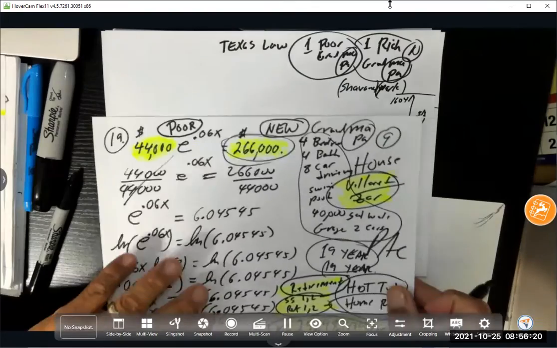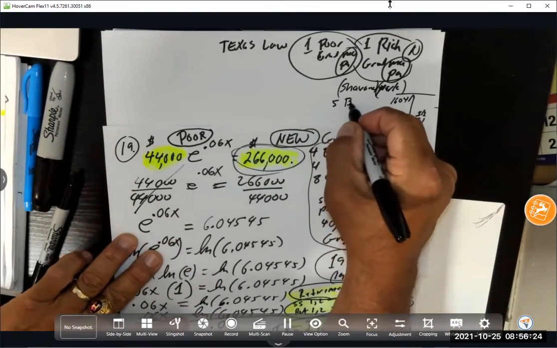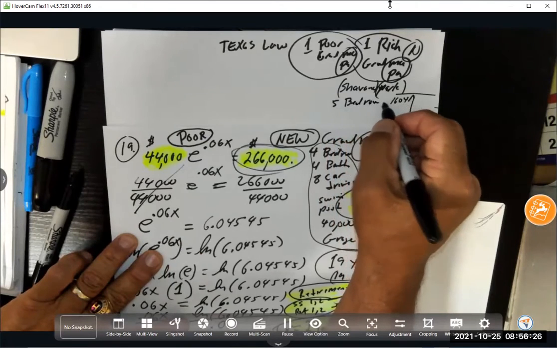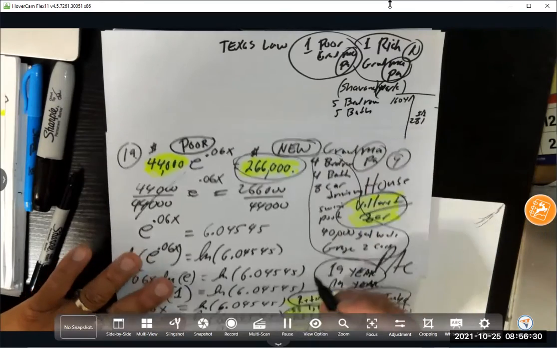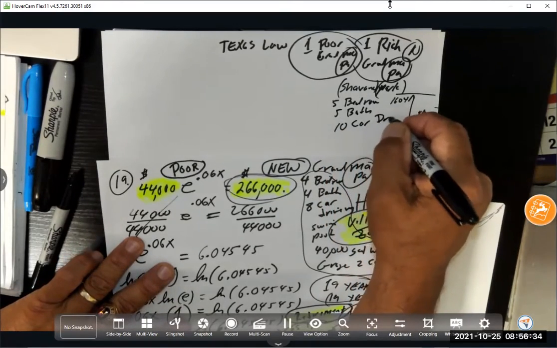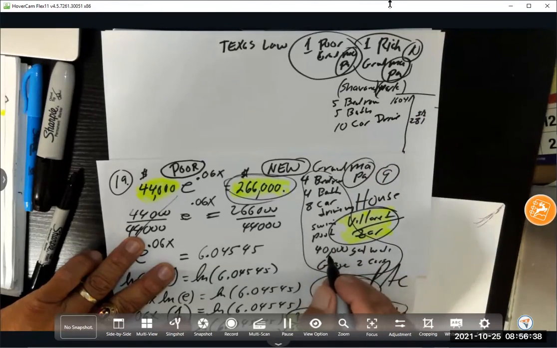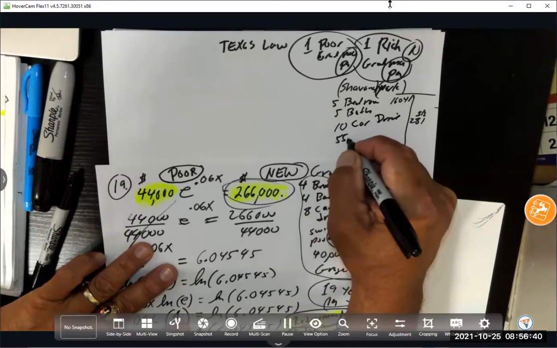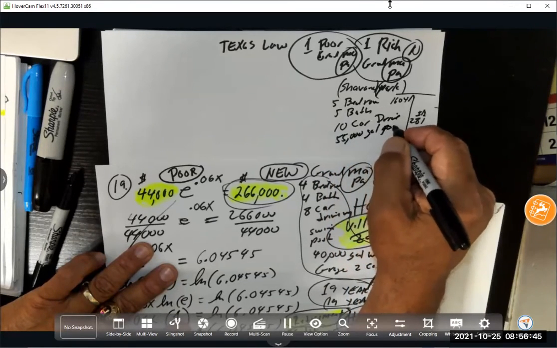All right, so this one had a 4-bedroom house. She wants a 5-bedroom house. What else? And 5 complete bathrooms in it. And she wants a 10-car driveway. What else does she want? A 55,000-gallon pool. What else?